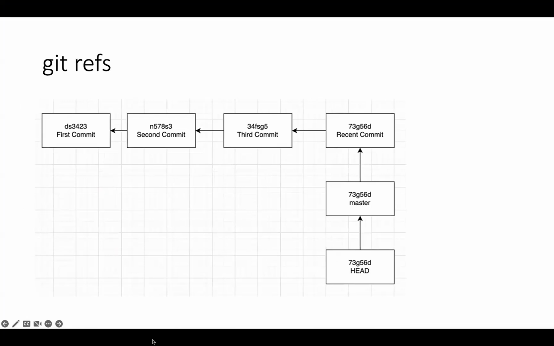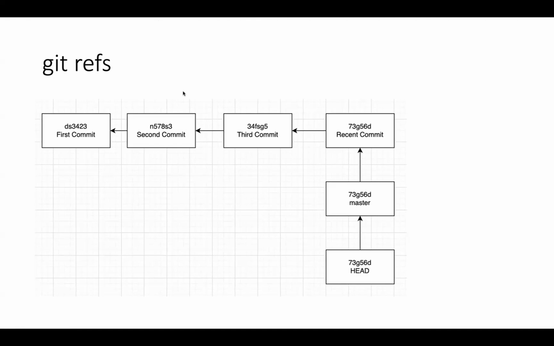Then we have git ref. Git refs are pointers created in Git, and these pointers point to a particular commit. For example, all the branches have a pointer with the branch name.